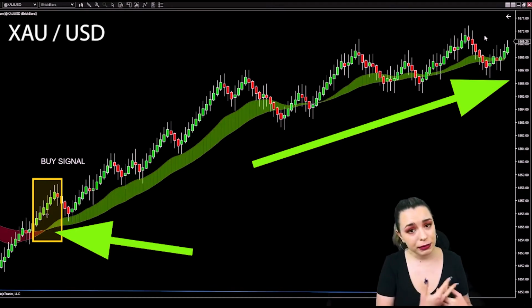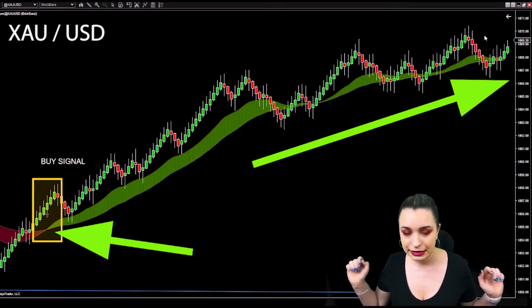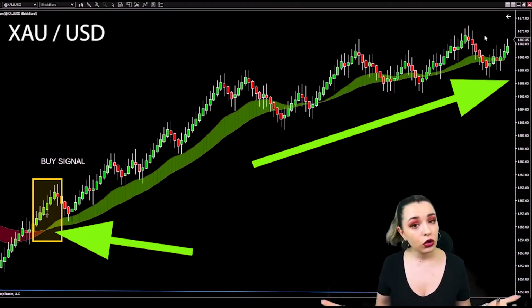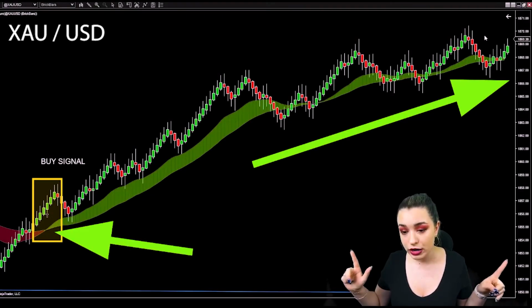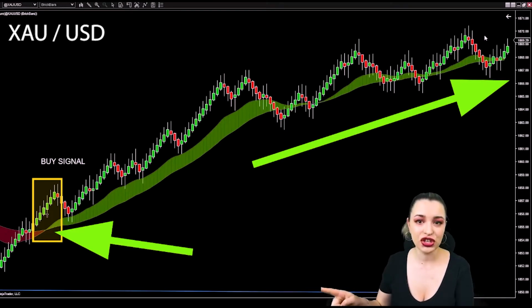In order to get your pips, you need to multiply the number of points that you have with 100, and those would be your pips. Now, in our case, we have 21 points times 100 and gives you a really powerful potential of 2,100 pips in the gold forex trading market in one trend over 6 hours. And it hasn't stopped yet.